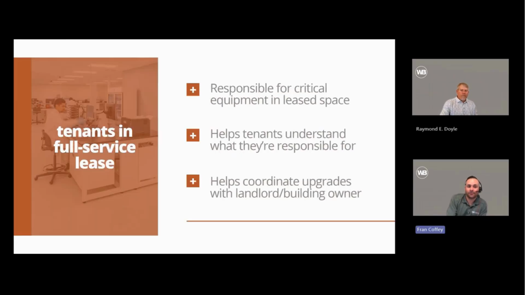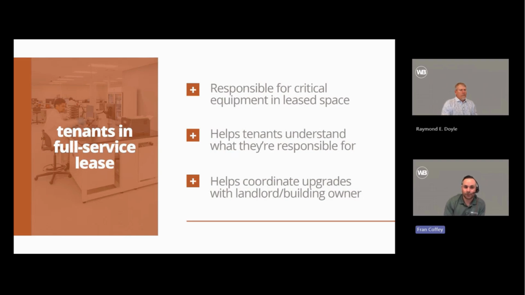The next one is tenants in full service lease, right? So we see this a lot of times where a science and technology lab space might go into a high-rise building where they have some office components and then they have lab components. So in these setup scenarios, it's just important to clearly communicate who's responsible for what systems and what spaces.